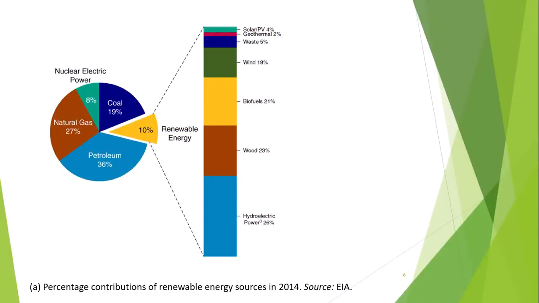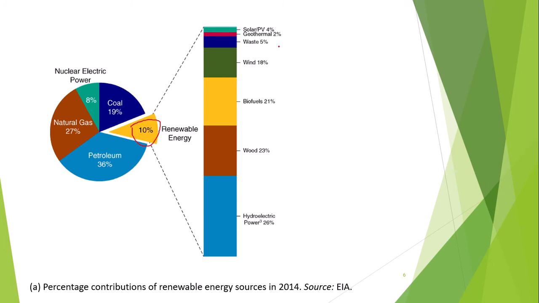This diagram shows the percentage contribution of renewable energy in USA. For example, of the total energy, 10% is renewable energies.